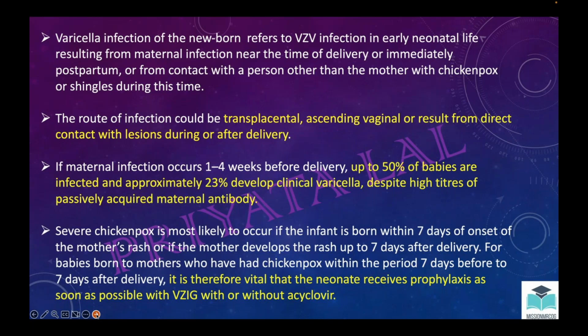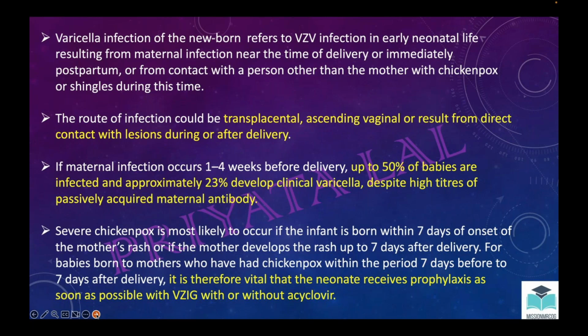If the infection occurs 1 to 4 weeks before delivery, then 50% of the babies will get infected. They will have varicella infection. 23% of them will get clinical varicella, despite having high titers of antibodies from the mother. So the baby is at risk.